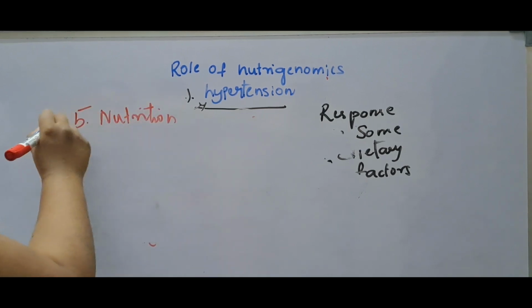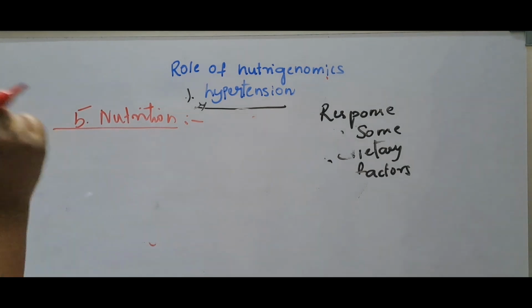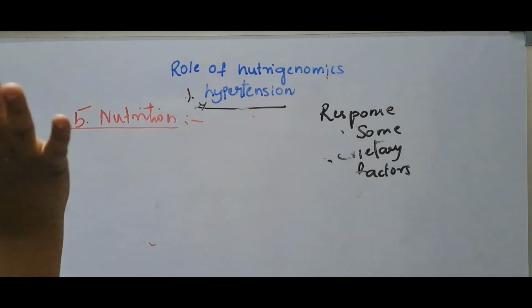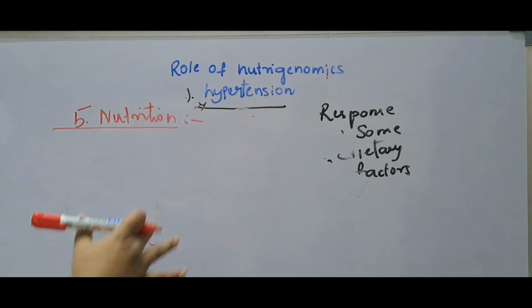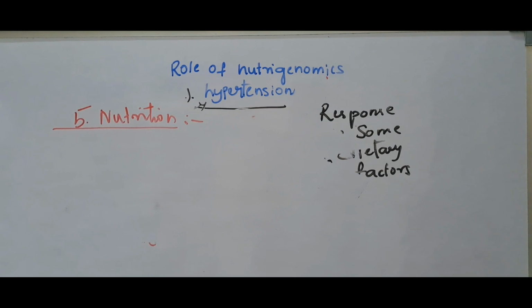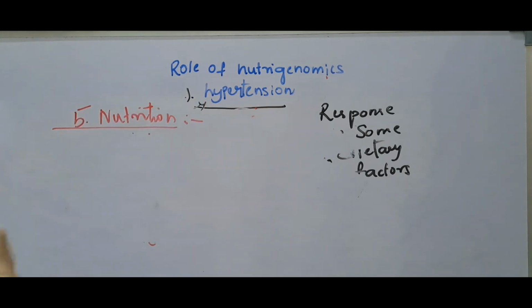So basically, if you are talking about the role of nutrigenomics in hypertension, obviously there is a tip that I'll say at the end of this session. Just follow that tip, which applies overall to all the metabolic disorders, so you can connect and write easily. You can remember it easily also. So I'll say that tip at the end of this session. First we'll discuss the role of nutrition in hypertension.